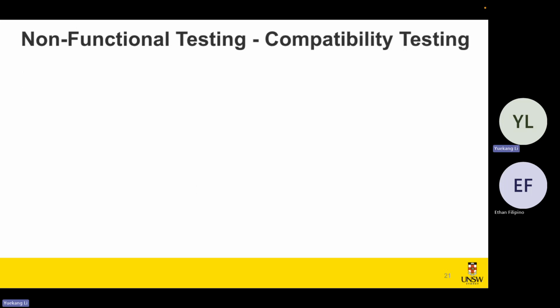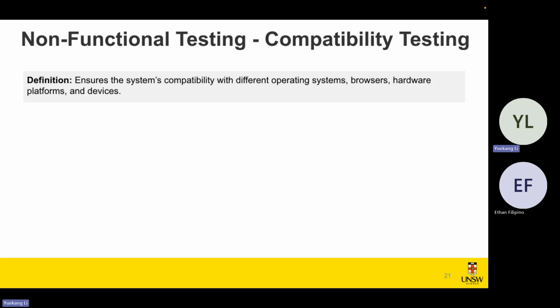And we also have yet another performance testing, which is known as compatibility testing. So compatibility testing is to ensure that the different components of the software are compatible with each other.